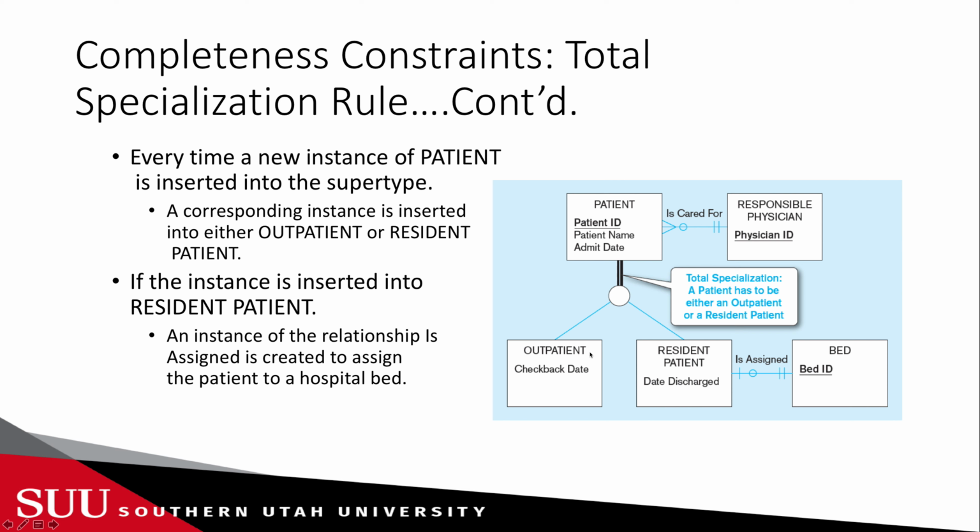But when I insert something into outpatient, I will not have this relationship, because remember, every relationship at the subtype level is specific to that subtype only. If I have it at the supertype level, then it's going to be for all subtypes. So is cared for is going to be for both subtypes, but is assigned is going to be just for resident patient subtype.